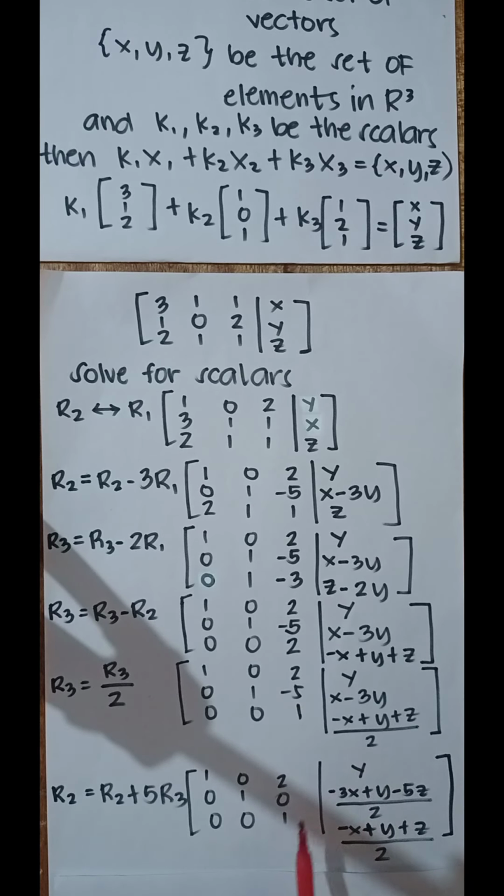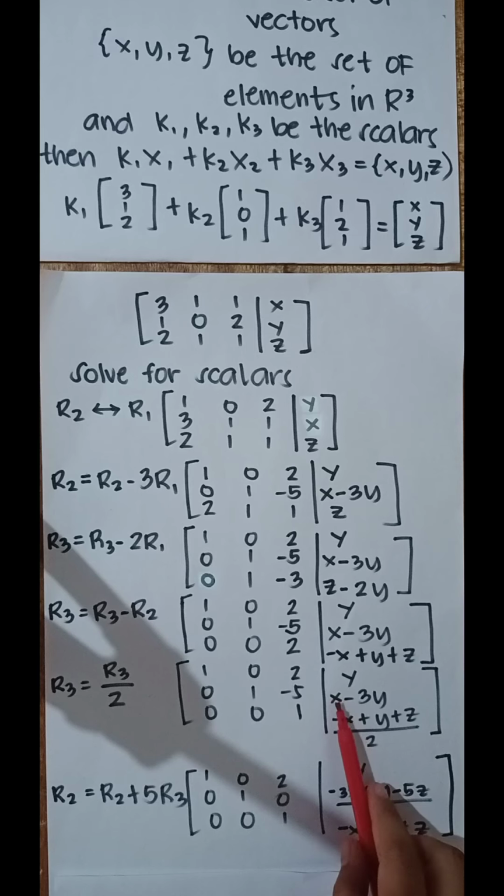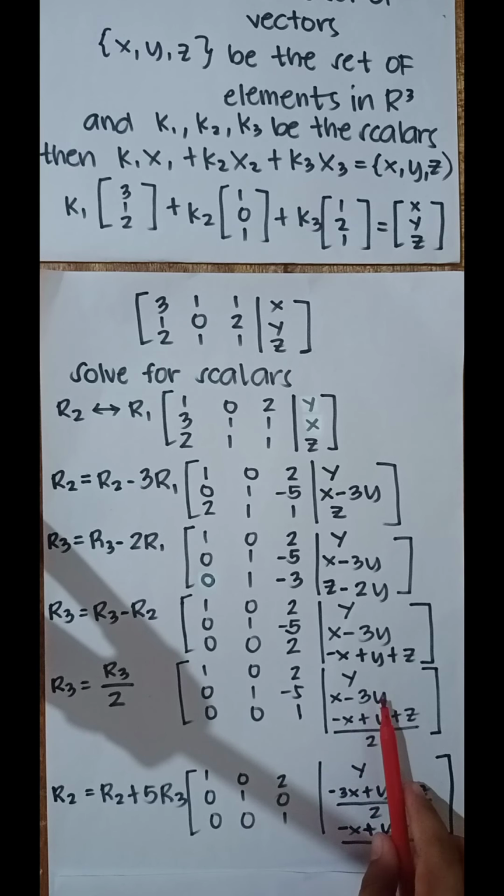And x minus 3y plus 5 times the quantity negative x plus y plus z over 2. We get the answer negative 3x plus y minus 5z over 2. Then we copy row 1 and row 3.